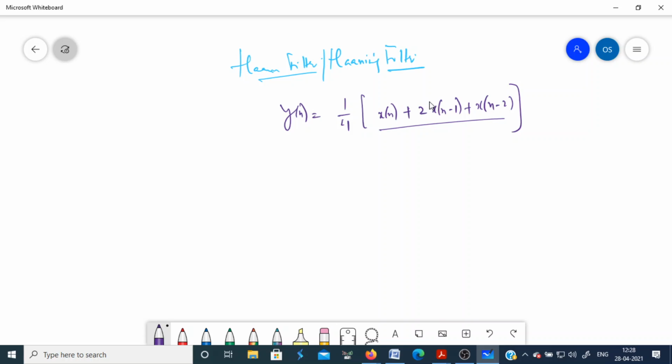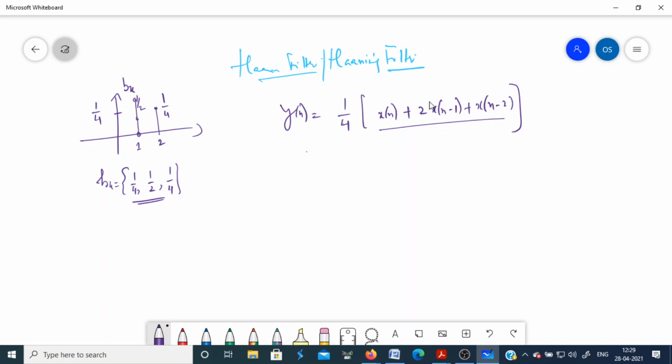So you can see what the filter coefficients bk, which is basically the impulse response, are in this case. x of n is multiplied with 1 by 4, so at 0 it's 1 by 4, and at n equal to 1 it is 2 by 4, which is 1 by 2. Then at n equal to 2, it is again 1 by 4. So bk, the filter coefficients, are 1 by 4, 1 by 2 and 1 by 4 for the Hanning filter. So it is a 3-length filter basically.